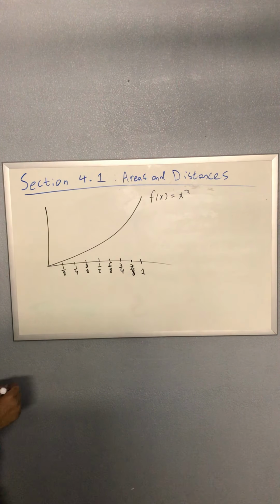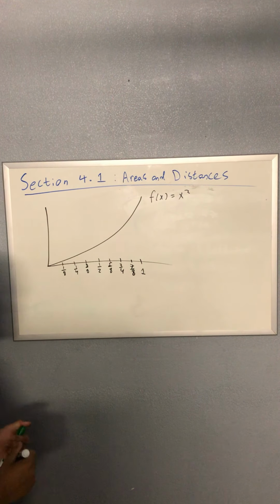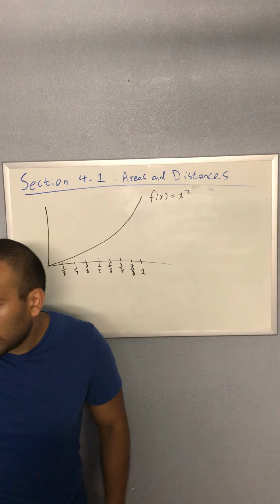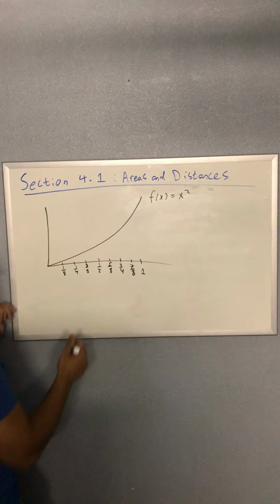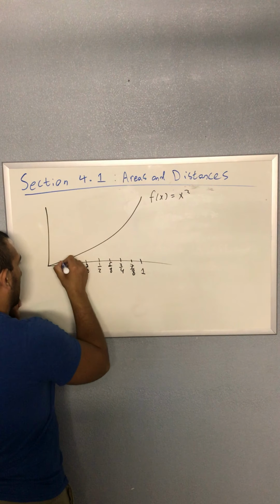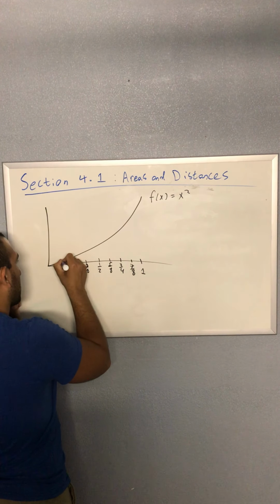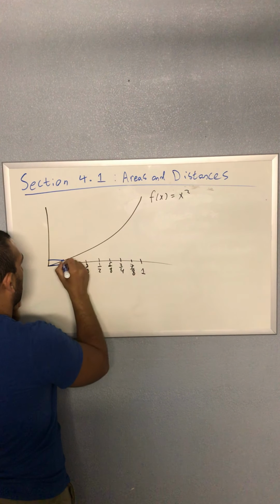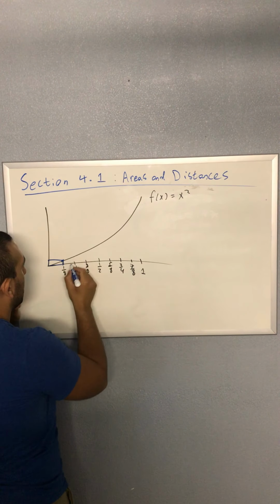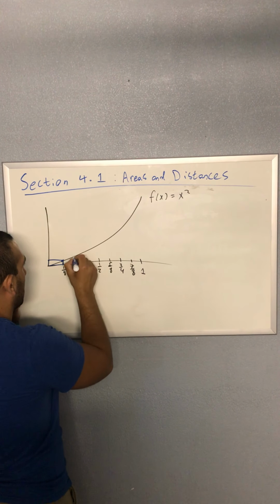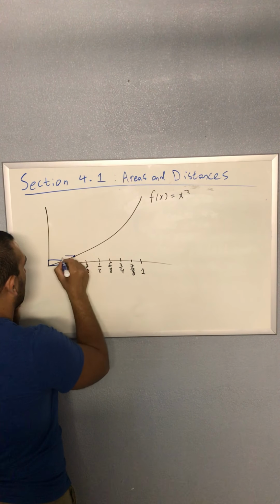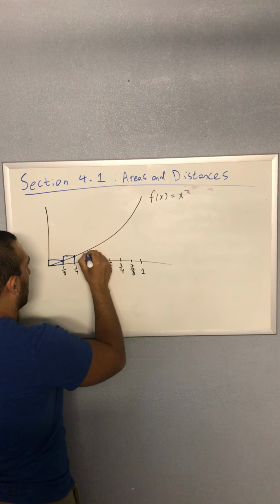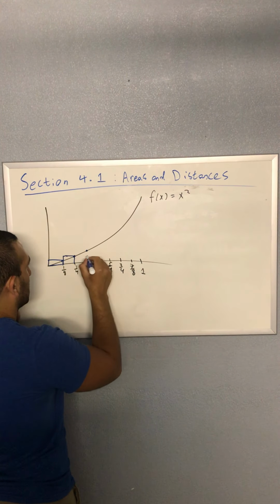What if we did this process again with twice the amount of rectangles? Let's just say we use the right endpoint. Then the height of my rectangle would be this, and its width would be 1/8. And this time the height of my rectangle would be this, and again the width is 1/8. And we're just going to keep repeating this process.